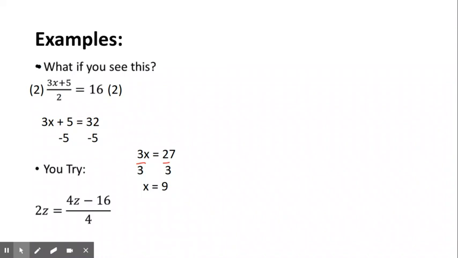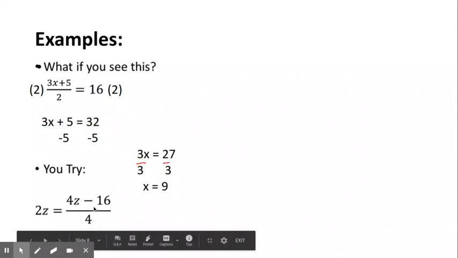Another way you can think of it is there's like parentheses right here, and we have to get rid of that divided by 2 before you can do anything on top of the numerator. That's my last example. You've got this one here for you to try.